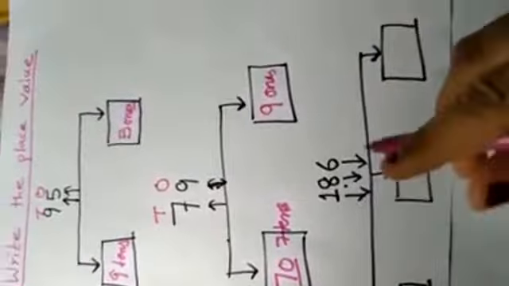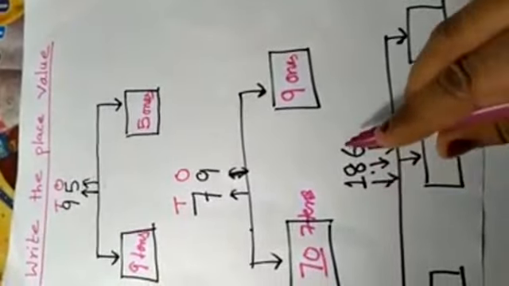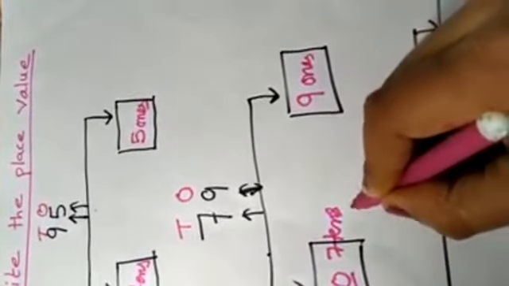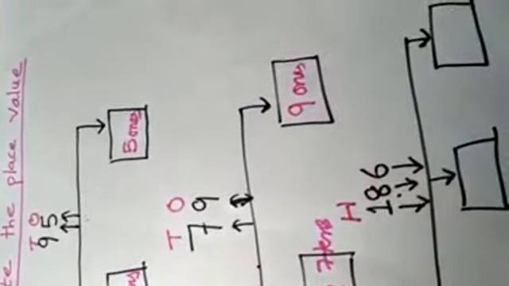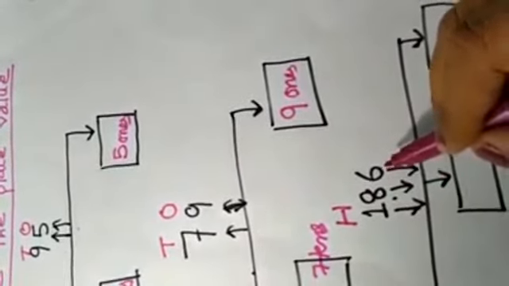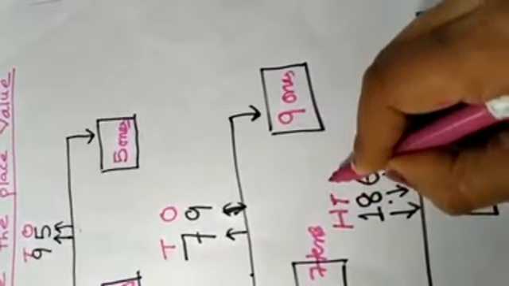In 186, now you'll have to find out 6, 8, 1. There are 3 digits. Now let's go fast. H for 100, which you must have studied. 186. H for 100, T for tens, O for ones.